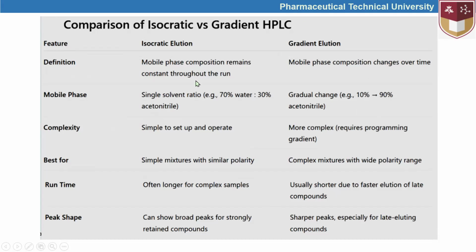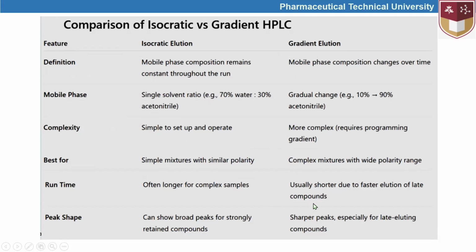By the nature, isocratic elution is much simpler than gradient elution. Isocratic elution is best for simple mixtures with similar polarity.